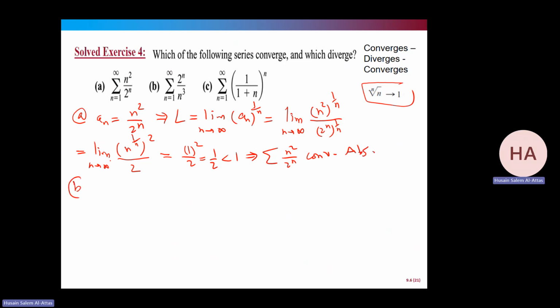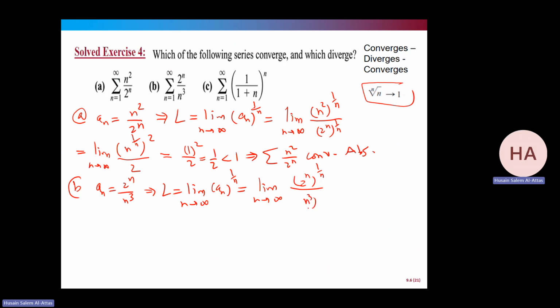B, what about 2 to the power n over n cubed? a_n will be 2 to the power n over n cubed. What will be L? It will be the limit. Everything is positive, so no need to bother with the absolute value. I have (2 to the power n) all to the power 1 over n.